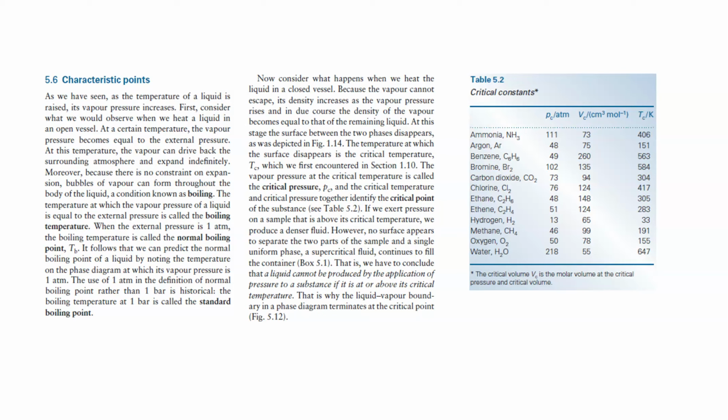The temperature at which the surface disappears is the critical temperature, T sub C, which we first encountered in section 1.1. The vapor pressure at the critical temperature is called the critical pressure, and the critical temperature and critical pressure together identify the critical point for a substance.